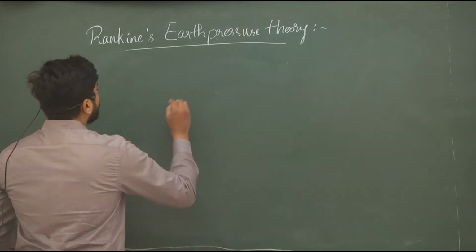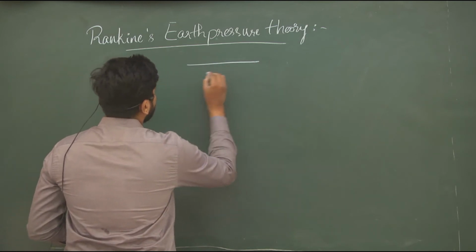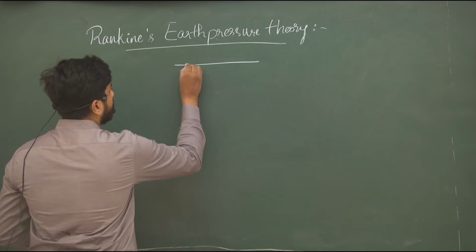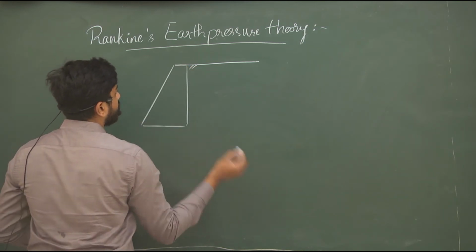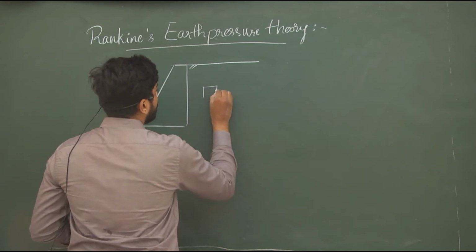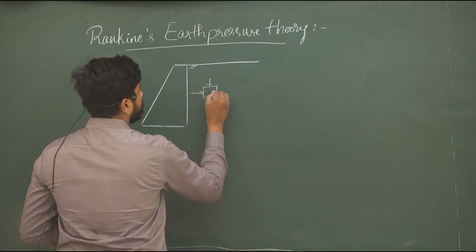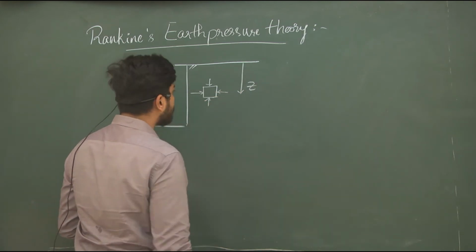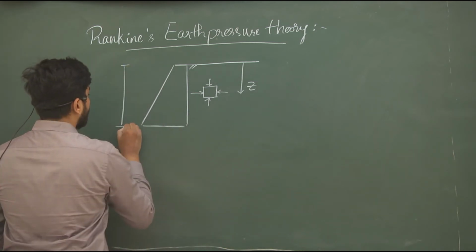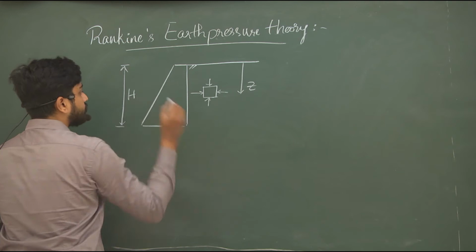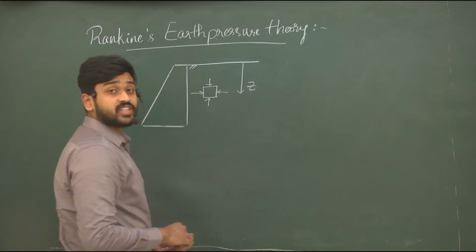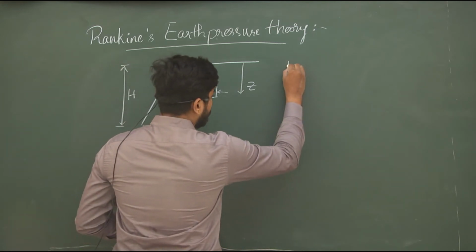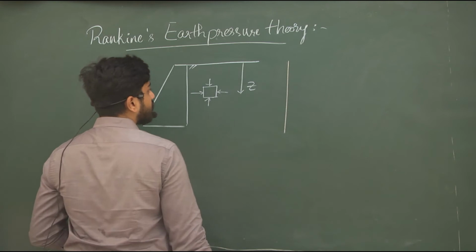So if you look at the pressure distribution diagram, let us say this is my retaining wall in this manner, and I have considered this particular element at this region, which is at a depth of z, which may be varying. Let h be the height of this retaining wall. So if I have to draw the pressure distribution diagram, let us denote it in this manner.